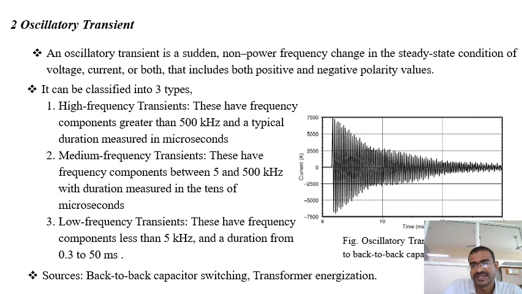Medium frequency transients have frequency components between 5 and 500 kHz with a duration measured in tens of microseconds. Low frequency transients have frequency components less than 5 kHz and a duration from 0.3 to 50 milliseconds. The characteristics of these oscillatory transients are shown in the figure, and the sources are back-to-back capacitor switching and transformer energization.